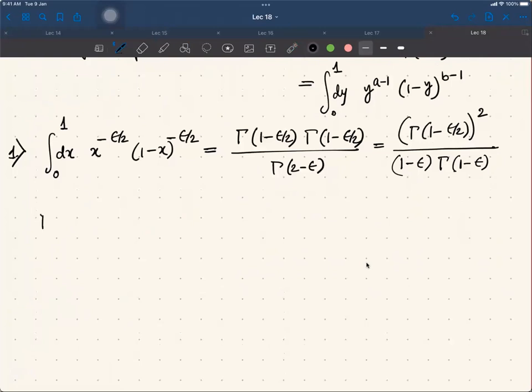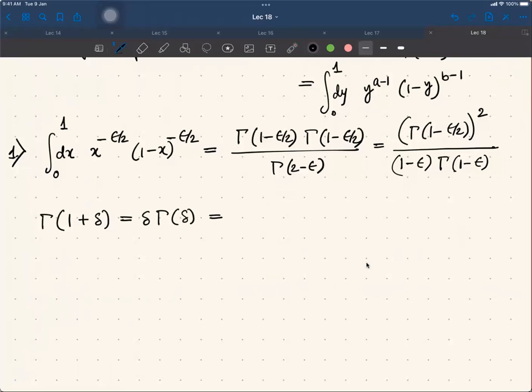So gamma 1 plus delta is delta times gamma delta, and earlier we had gamma minus n plus delta, where n is equal to 0, 1, 2, 3, etc. We wrote down that result, right?